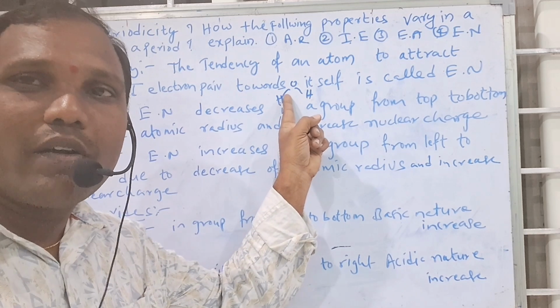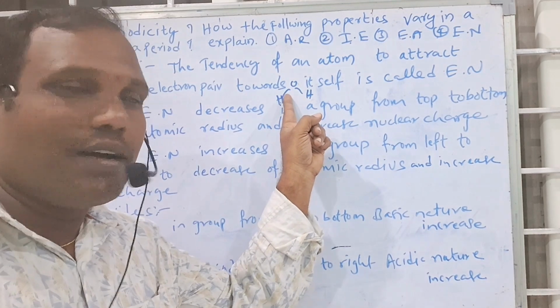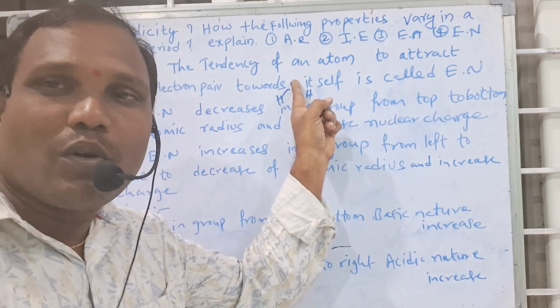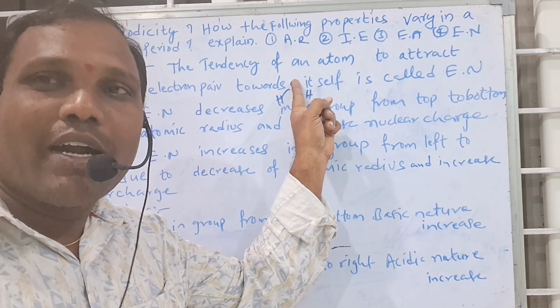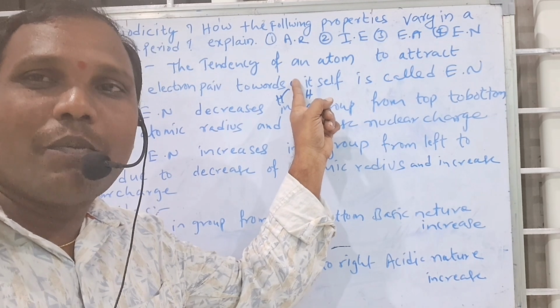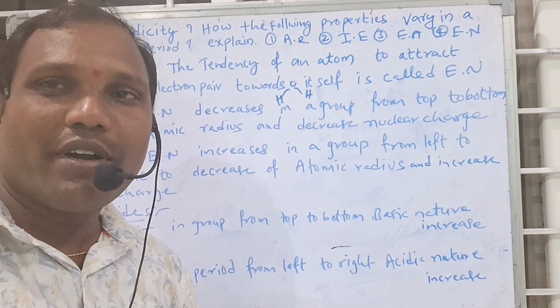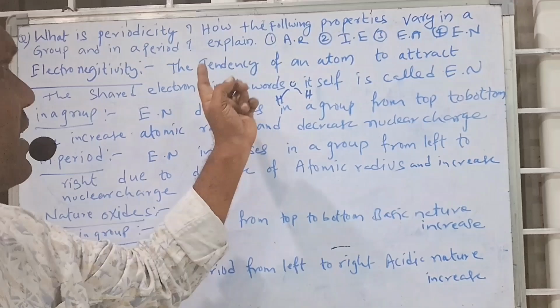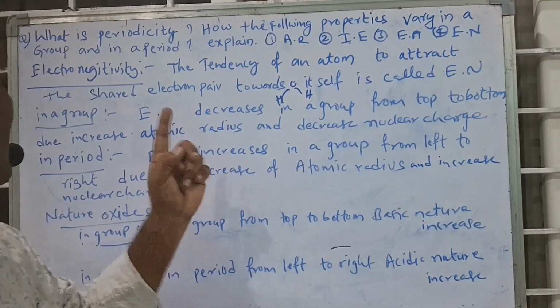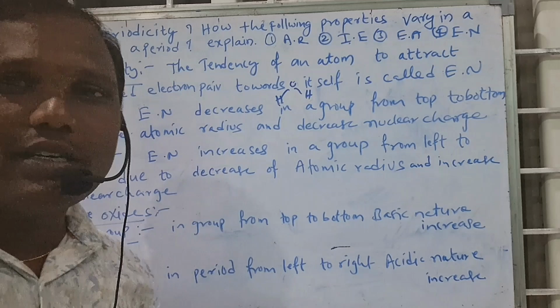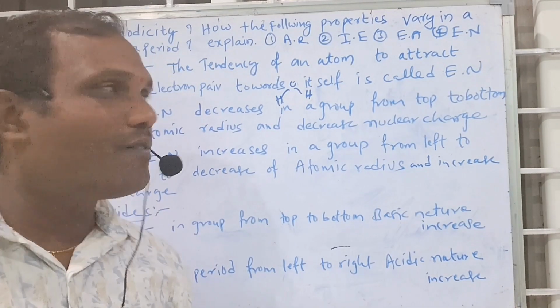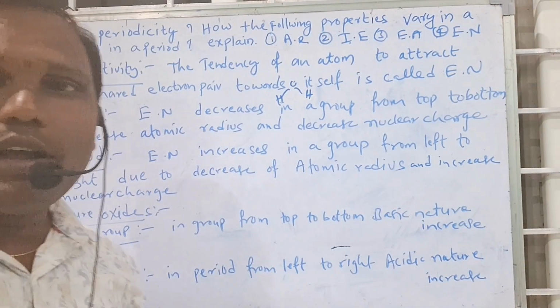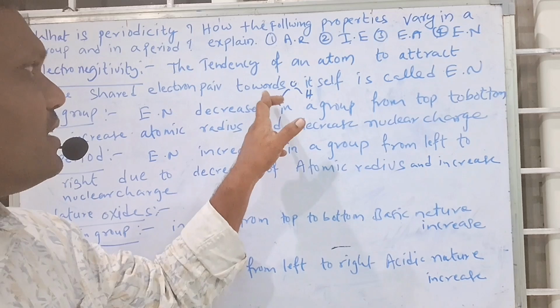This shared pair of electrons is attracted by the oxygen. So oxygen is the electronegative element, and that property is called electronegativity. The tendency of an atom to attract the shared electron pair towards itself is called electronegativity.